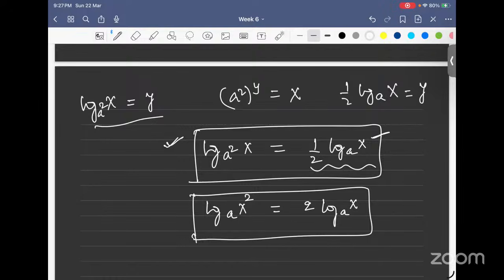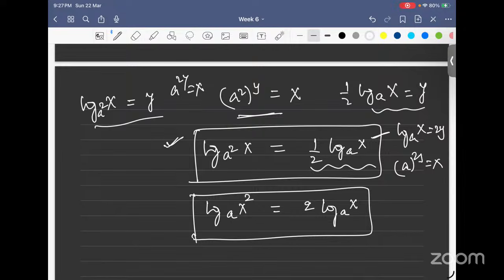Both are coming out to be the same, right? So how will you write this? You can write it as log of x base a equals 2y, so a to the power 2y equals x. So here also you are getting the same thing, a to the power 2y equals x. Are you getting it? You got it, right? Yes, sir.